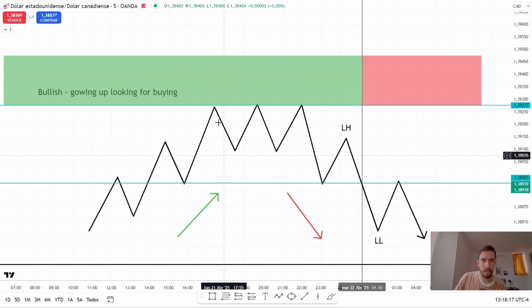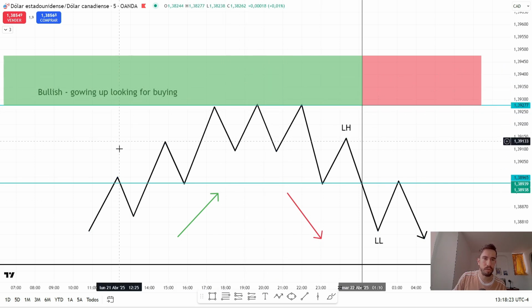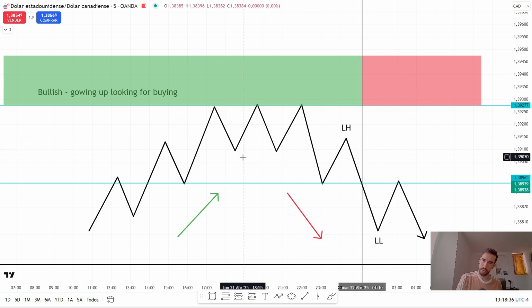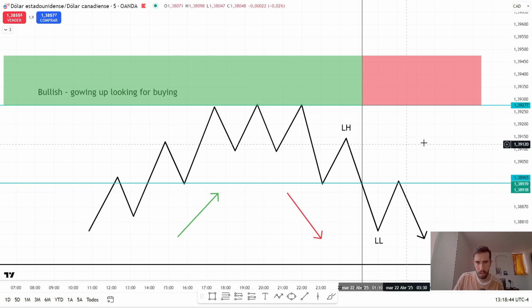Why is this bullish if there is no new higher high? I told you, because you come with this structure. This is the higher high, this is the higher low. Everything inside there is market structure, but the general structure is still the one that comes with it, the previous one. So it's bullish until it breaks below the higher low.